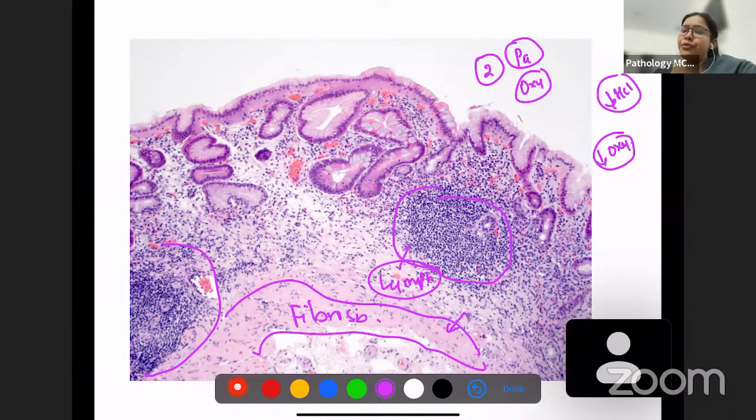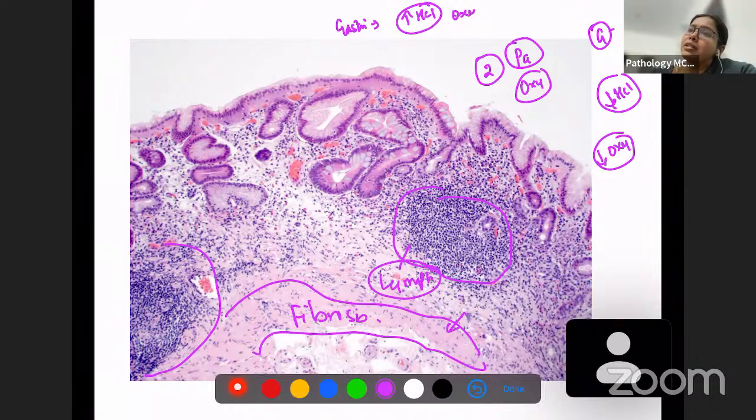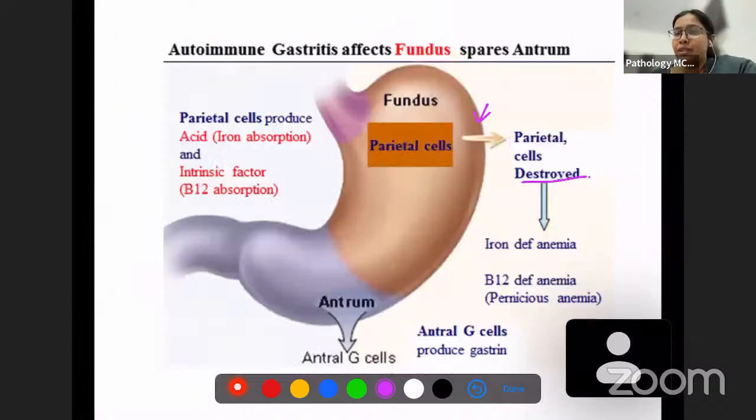Because of reduced HCl production, what is going to happen? G cells, we know, produce gastrin. What will gastrin do? Gastrin is going to increase HCl production by stimulating oxyntic cells. Here HCl is less, so we are going to need more gastrin. There is a feedback mechanism which assumes there is less HCl here and we have to get more gastrin. So what happens as a result?